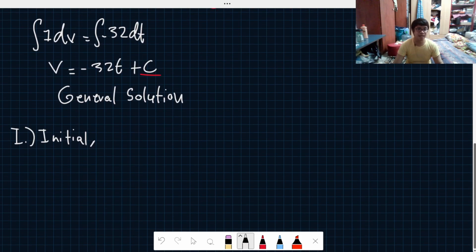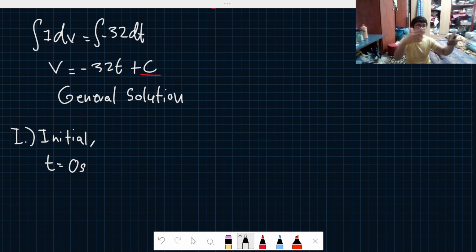So, that happens at t equals 0 seconds. Because basically, initially, like at the very, very beginning, your time should be 0 seconds. That's the time where the ball is not yet dropped.